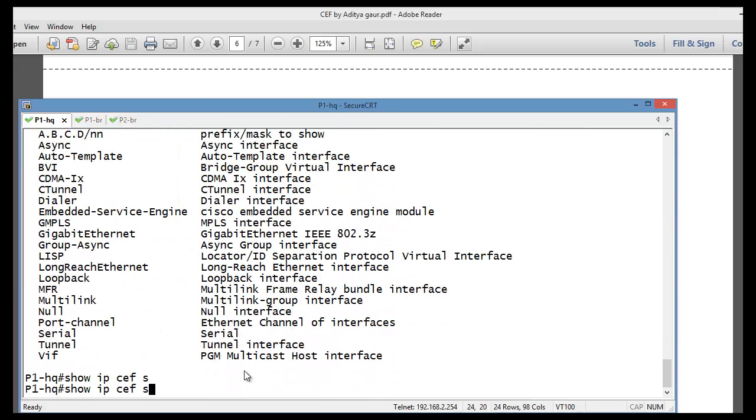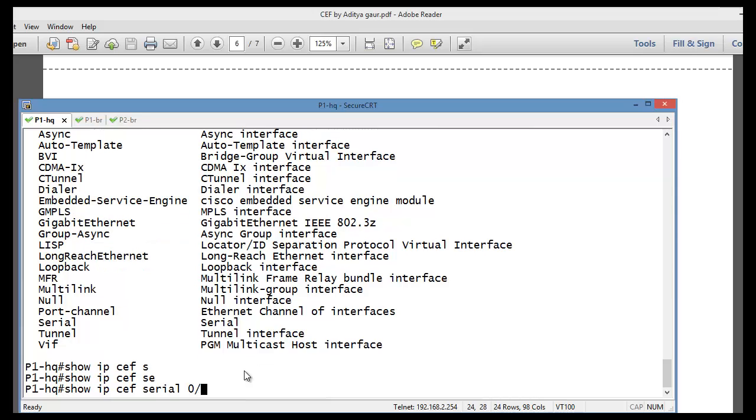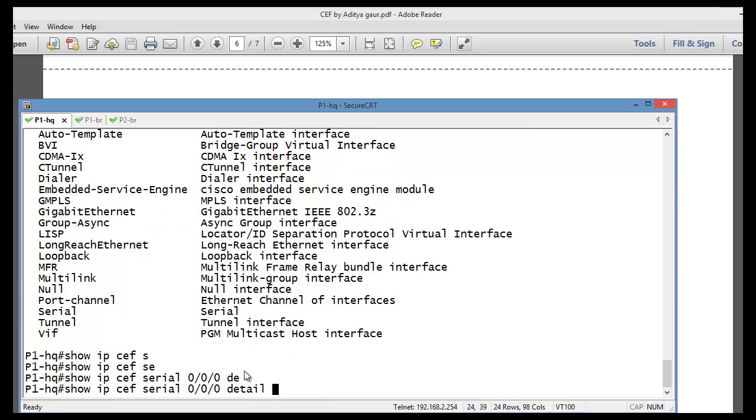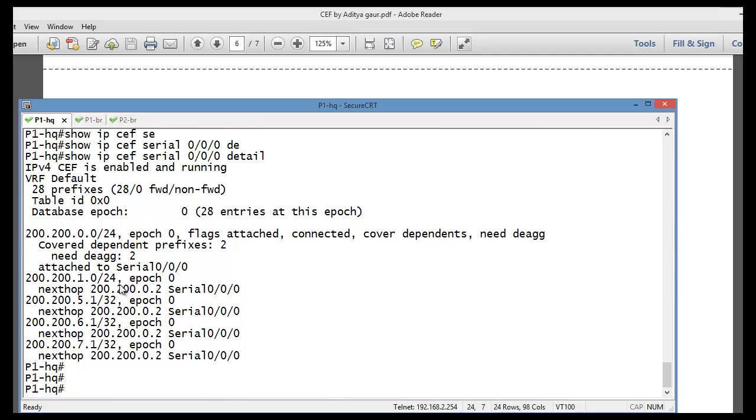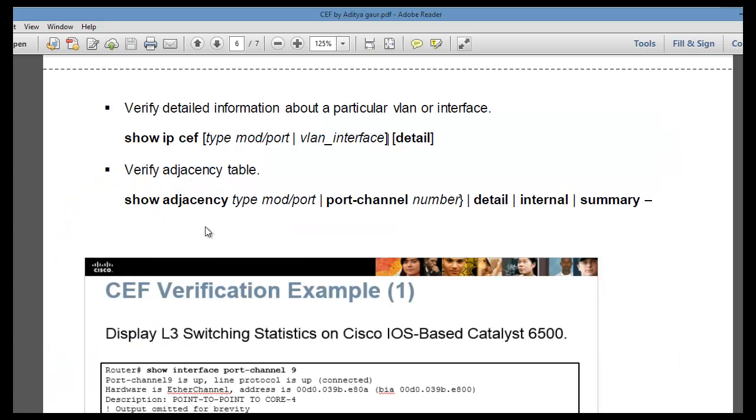Right now I'm going to use serial 0/0/0 and then the parameter detail. It is going to tell us all the information, such as how many prefixes we have, 28 prefixes, the networks, and what they belong to. So you can again verify the covered dependent prefixes and all of those things.